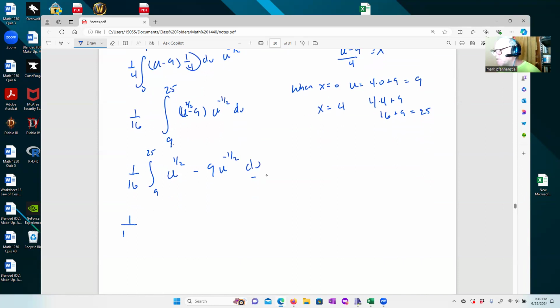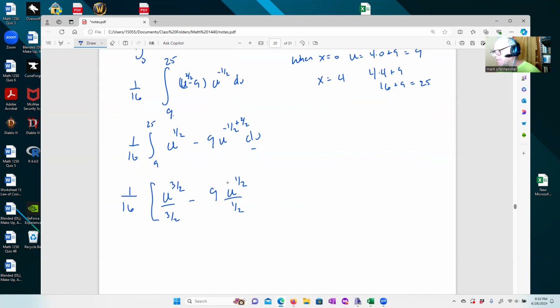So we have 1/16, and then we have u to the 3/2 divided by 3/2, minus 9 u to the negative 1/2 plus 1. Negative 1/2 plus 1 is 1/2, divided by 1/2.